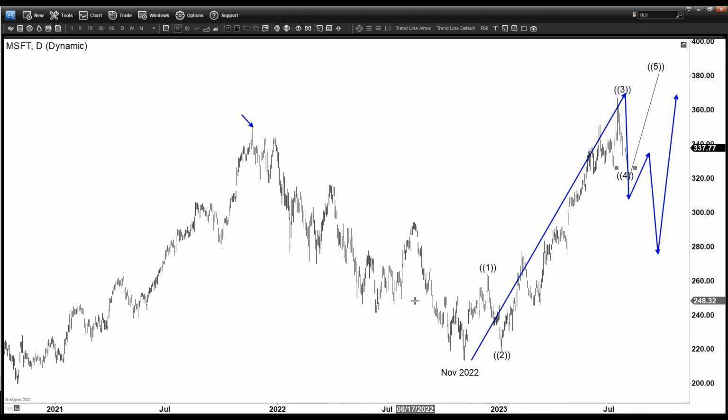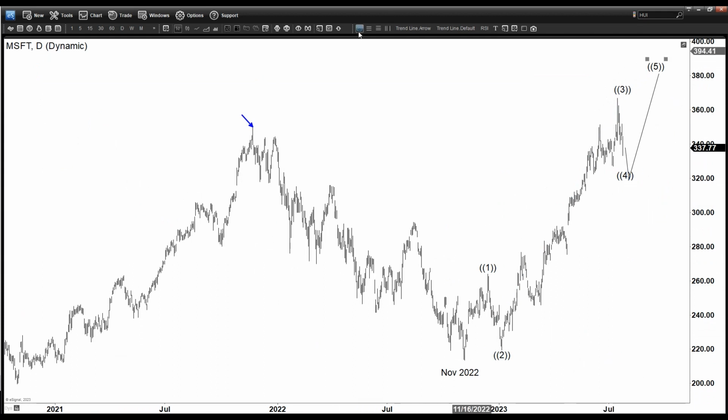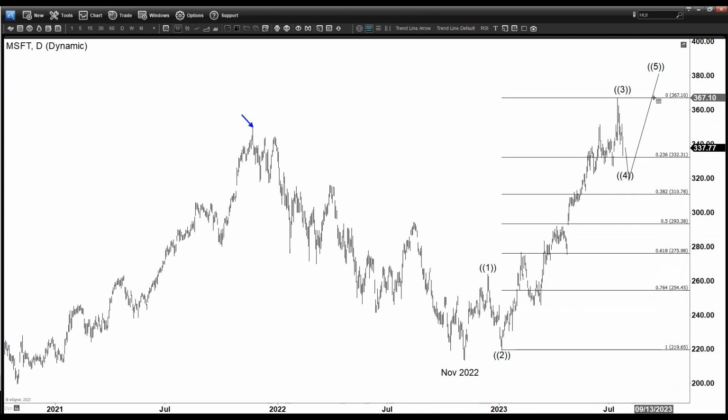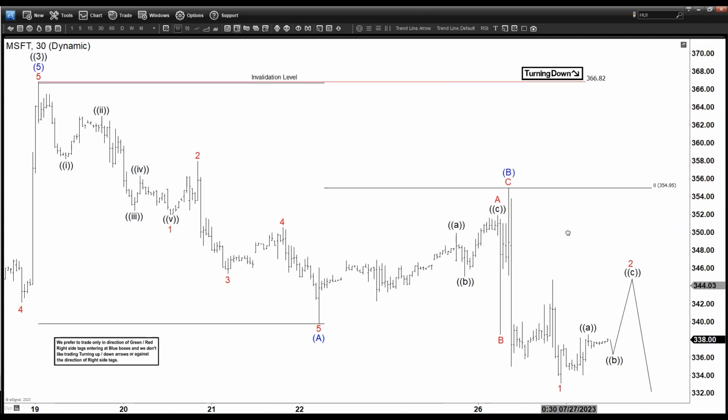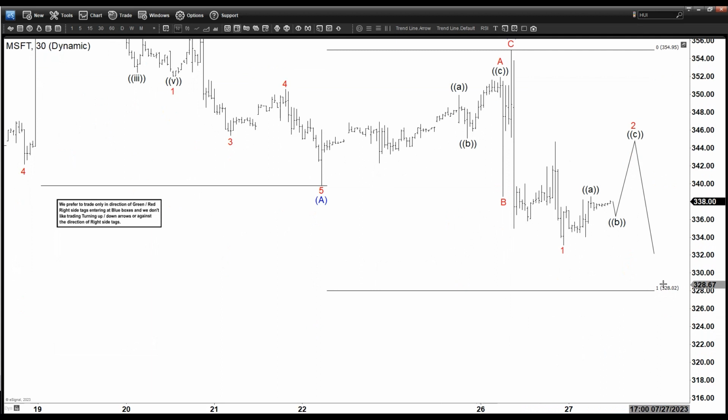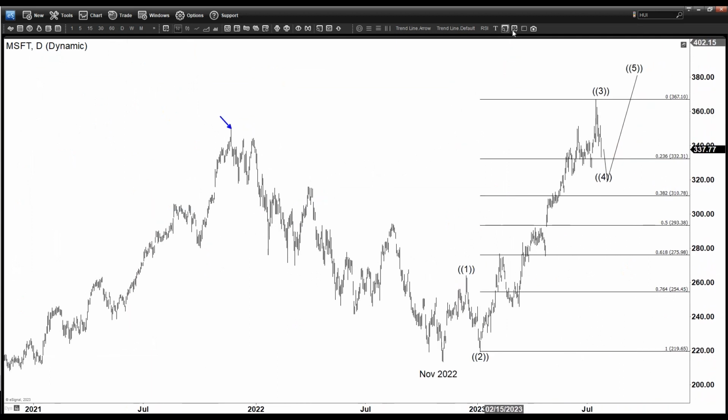Okay, and for the wave 4, typically if you use the retracement principle, it's between 23.6 and 38.2%, right? So you notice here the 23.6 is at 332, the 38.2 is 310. If we can extend lower to the 100%, 328, that level is within this area here.